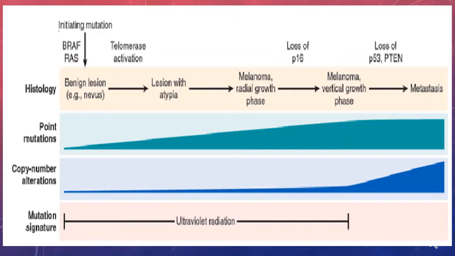With superimposed additional mutations, it leads to malignant melanoma, like mutations in the TERT gene, the telomerase gene, and with additional mutations or epigenetic aberrations, it leads to loss of CDKN2A, which works as the tumor suppressor p16 gene.